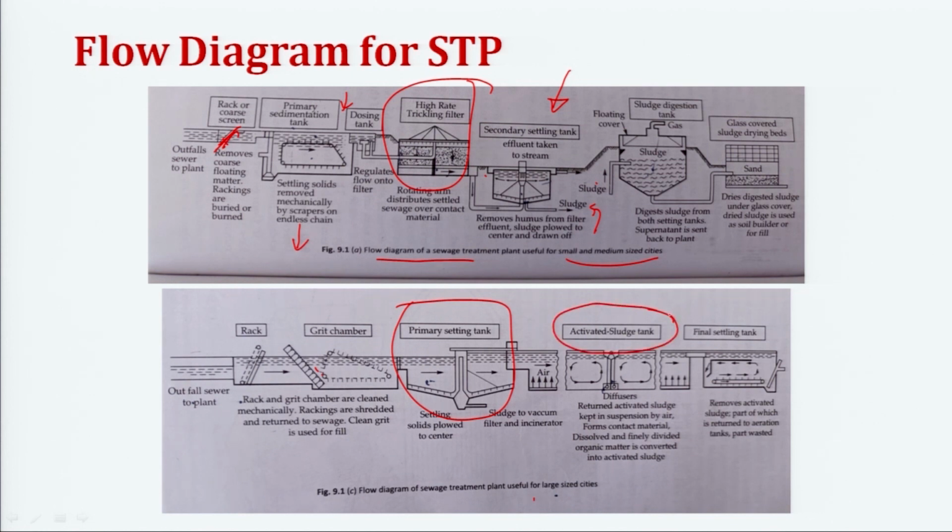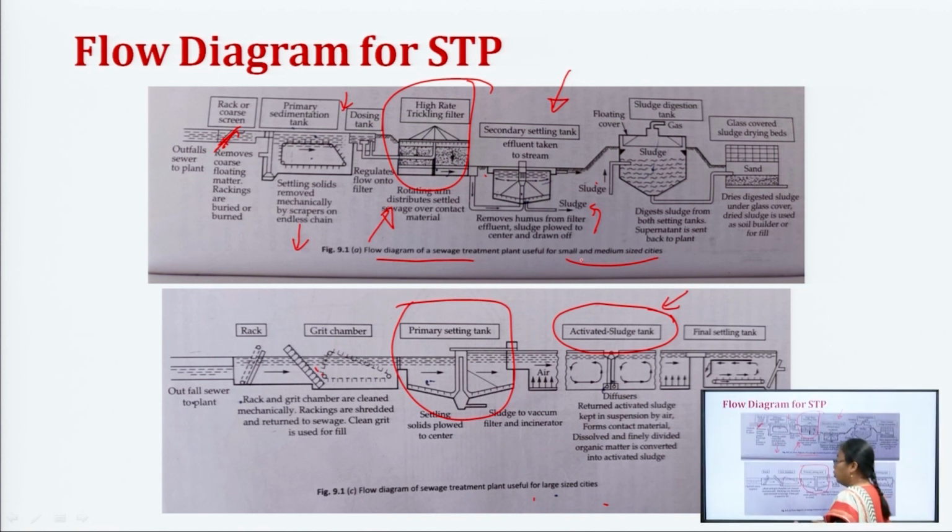So, activated sludge and trickling filters, what is the difference? Here the rate is higher, but we have lots of consumption of electricity. Here we have less consumption of electricity. A large city may be able to afford that much electricity, but in small and medium sized cities, if you go for activated sludge, even though it may give very good results, economics-wise it may not be a good choice.